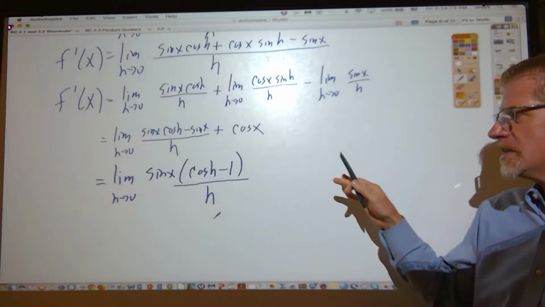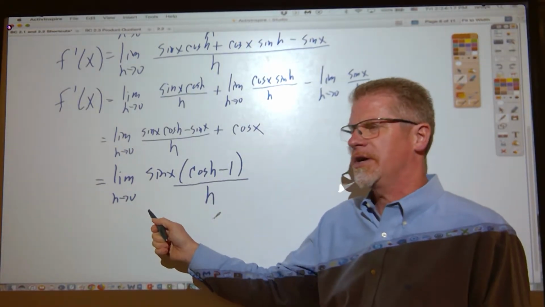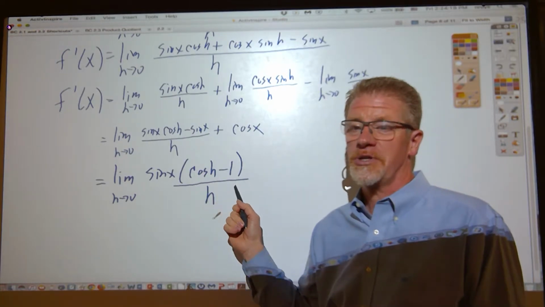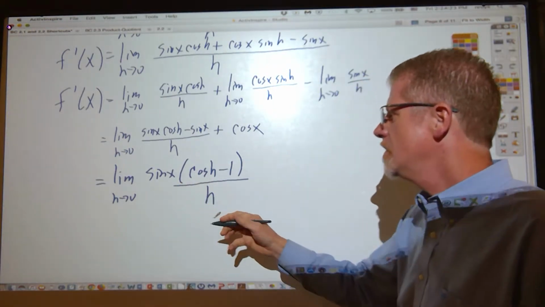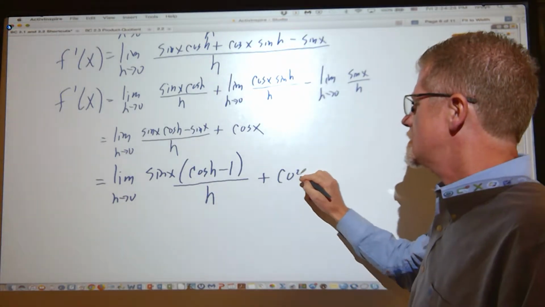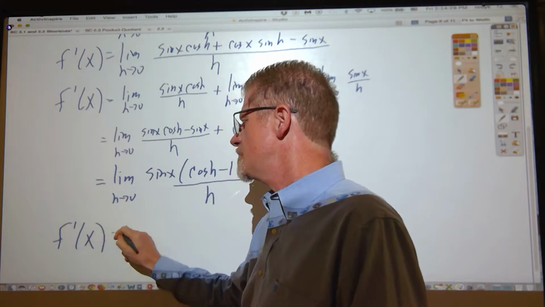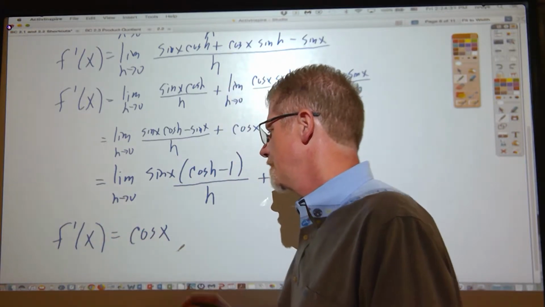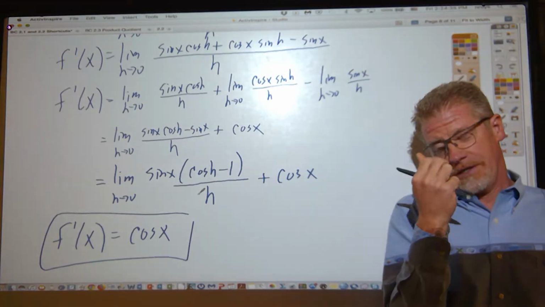Based on quick sketch number 50, what's the limit as h approaches 0 of cosine h minus 1 all over h? It's 0, and 0 times sine x is 0, which means that the derivative of sine x, f prime of x, is cosine x.